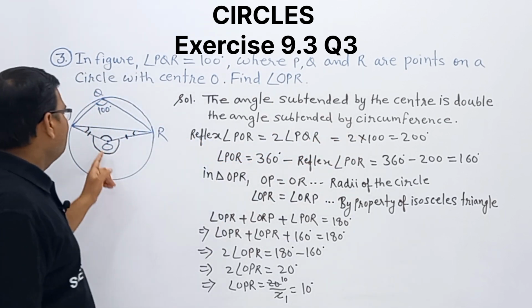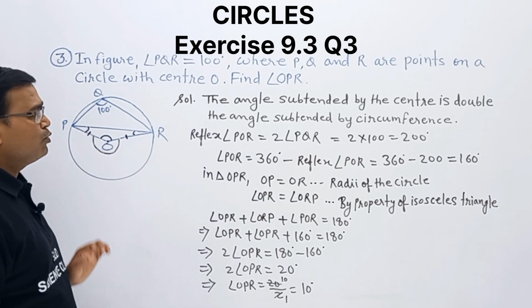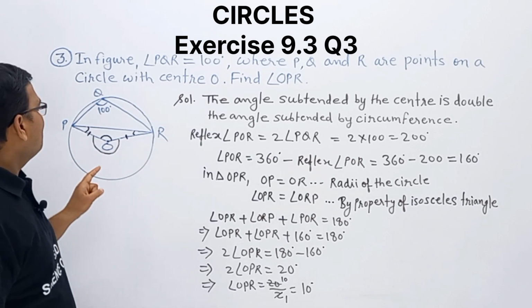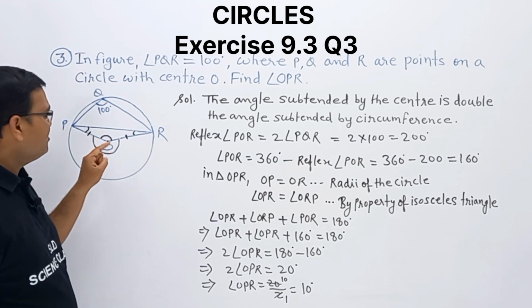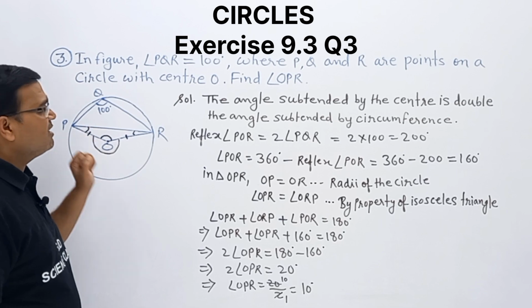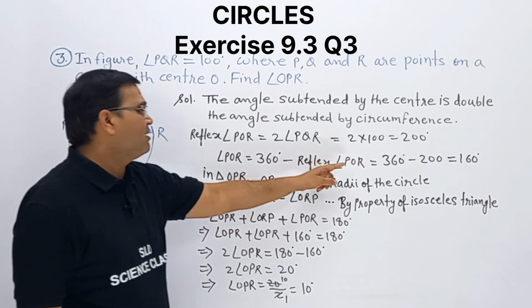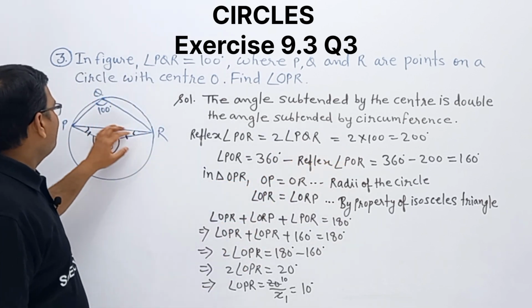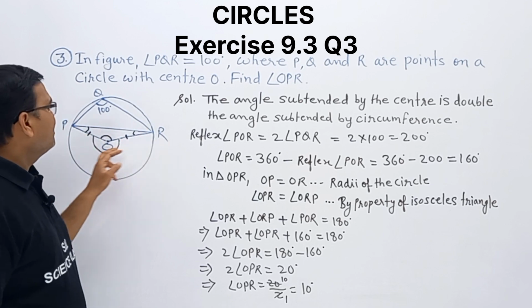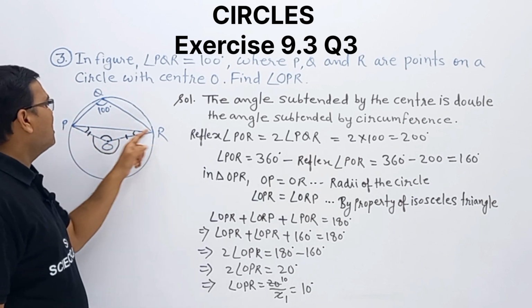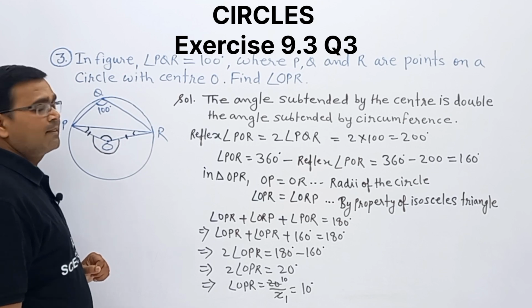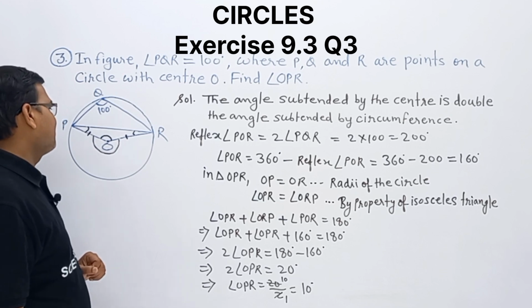Reflex of POR is 200 degrees. Now the total angle is 360, and 360 minus this one gives angle POR as 160 degrees. Now observe triangle OPR, in which OP and OR are radii.